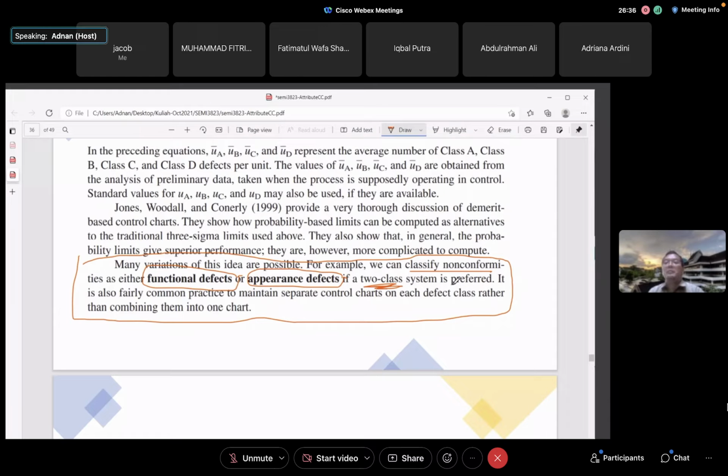This is easy to implement, especially in practice. The operator may have difficulty if we give too many classes when deciding which class.